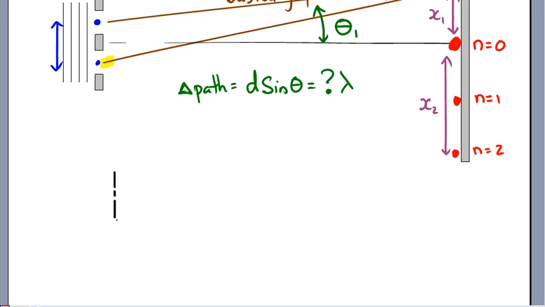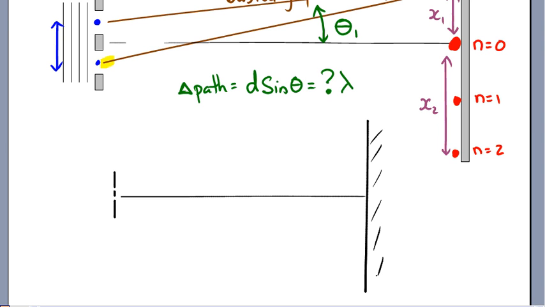Okay, light's going to go through there. There's a center line, and then you go across the classroom, and then here's the wall, where that light's going to hit the wall. The distance across the classroom is going to be L, could be a few meters, and then maybe you've got your first dot out here following that path.